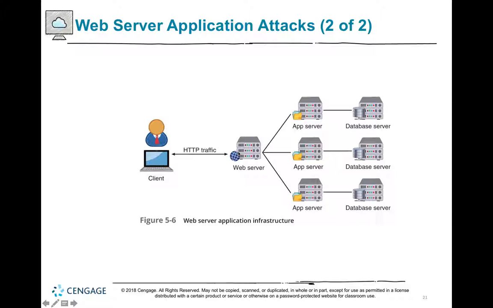So you might hear words like presentation layer. The web server presents the information from the application, and the application then interacts with the database, where user records and the information that the client is ultimately trying to access or alter or update lies. The application handles those functions, and it's presented through the web server.